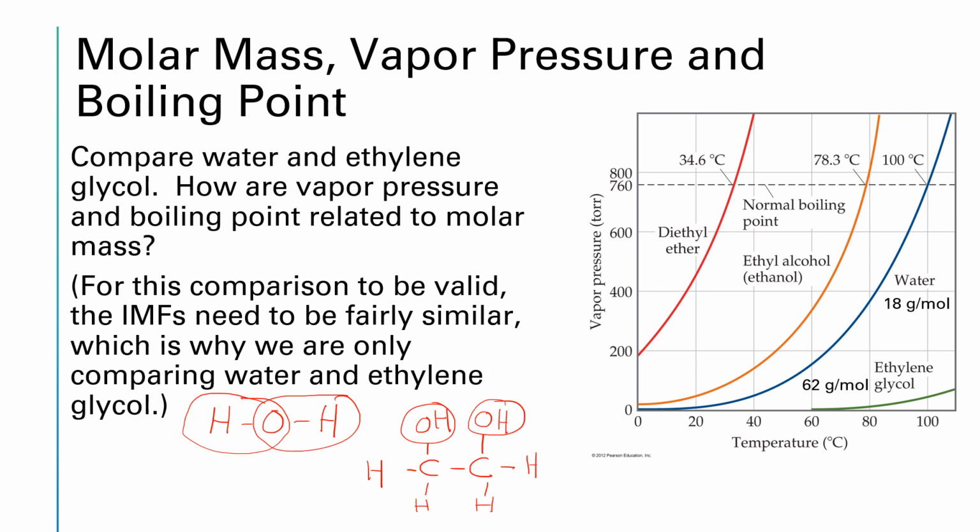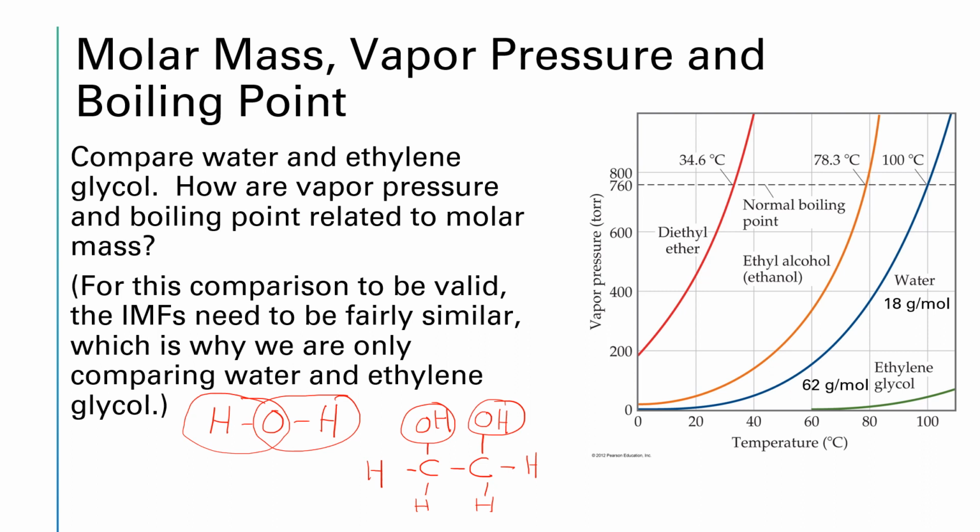If we've got similar intermolecular forces, that tends to be generally true, that if you have a bigger molar mass, you have lower vapor pressures, and with lower vapor pressures, that means you're going to have to go to higher temperatures to get a vapor pressure of 760 torr or to start boiling.